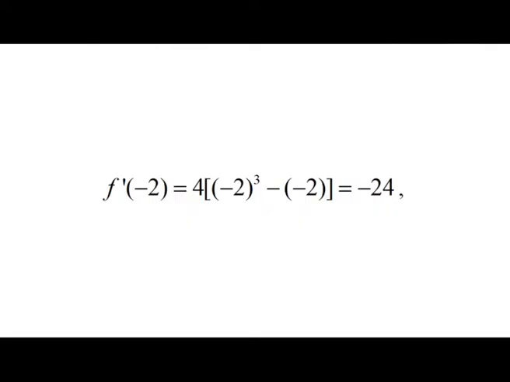To see the behavior of f'(x) in this interval, we choose any point, say x equal to minus 2, and obtain that f'(minus 2) is equal to 4 times (minus 2)^3 minus (minus 2), which is equal to minus 24, a negative number. Thus, f'(x) is negative throughout the interval minus infinity to minus 1, so that f(x) is strictly decreasing in minus infinity to minus 1.